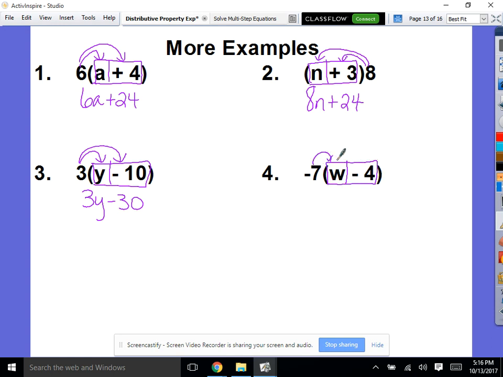Negative 7 times w is negative 7w. And negative 7 times negative 4 is positive 28.